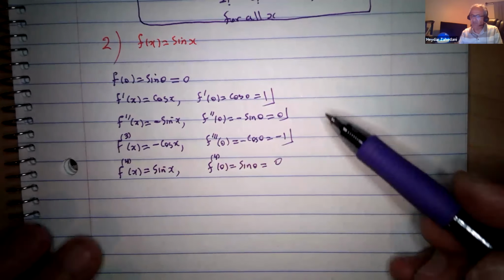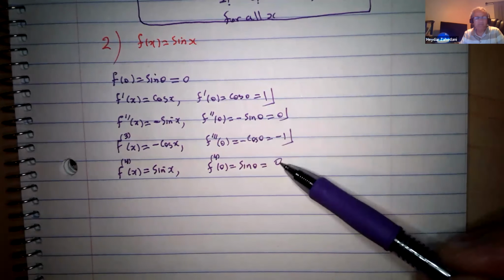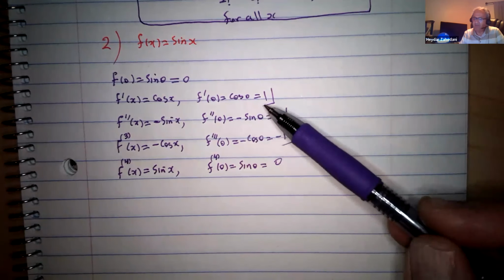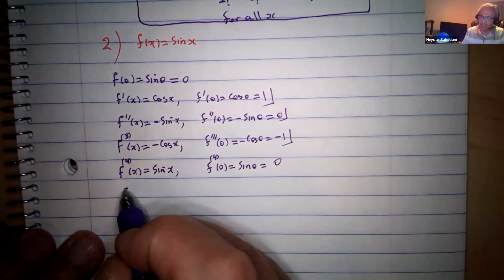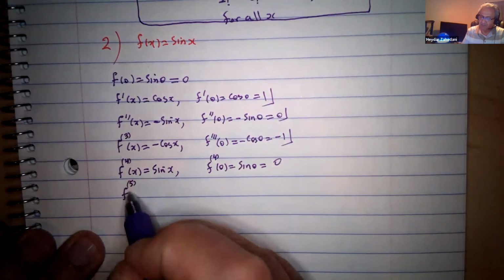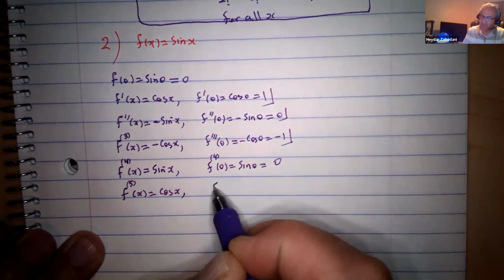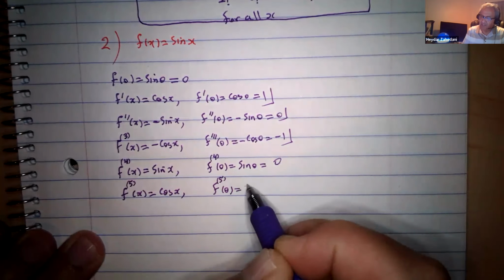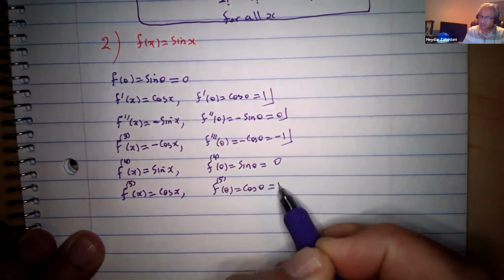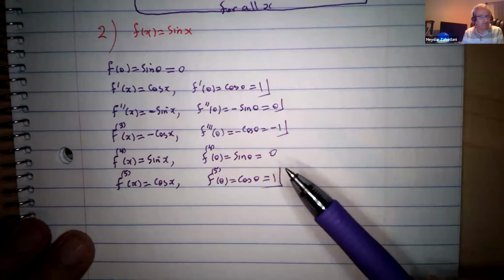You see, for the even orders, the second and the fourth, you get 0. For the odd ones, we get 1, negative 1, 1, negative 1. I can do one more for you so that you can see it. The fifth derivative gives you cosine of x, so the fifth at 0 gives you cosine of 0, which is 1. See, 1, negative 1, 1, negative 1.